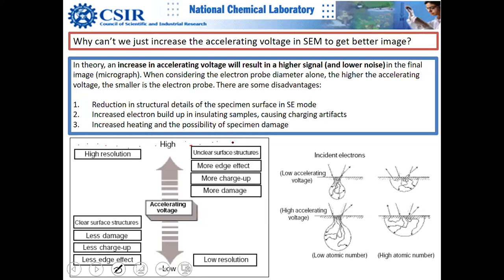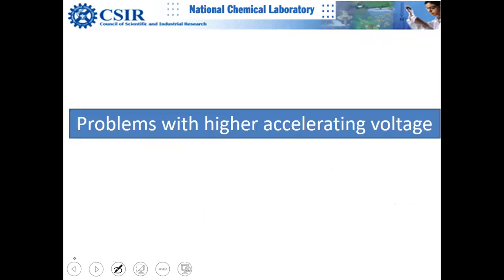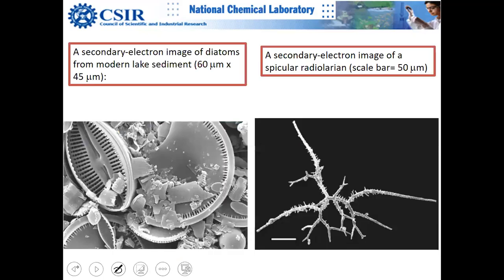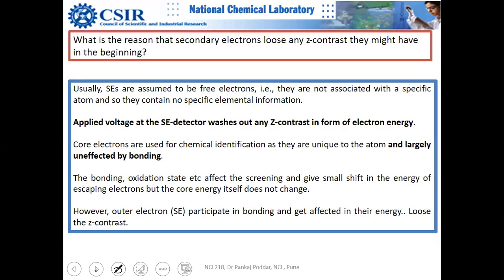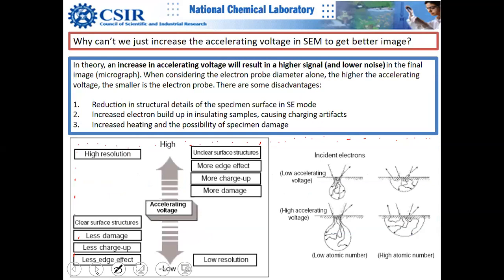If you increase the dot size, these dots can start merging with each other, so you will have a problem with the resolution. So one is the smaller dot size, another is the type of material and topography as well.